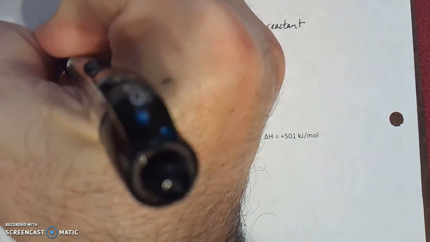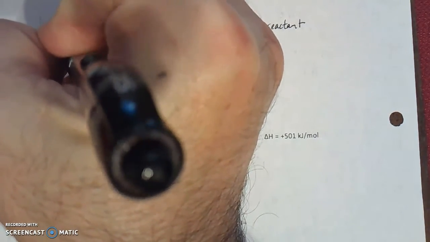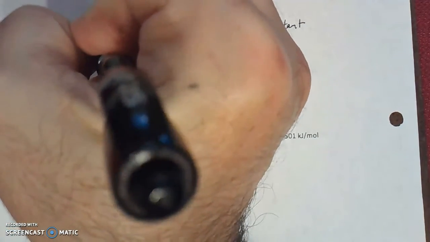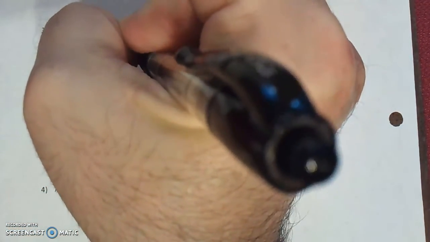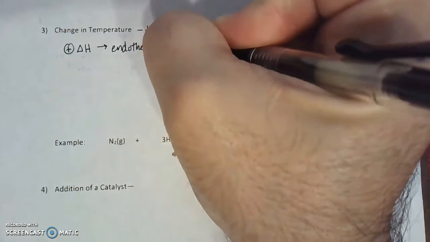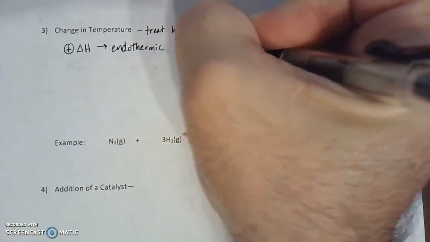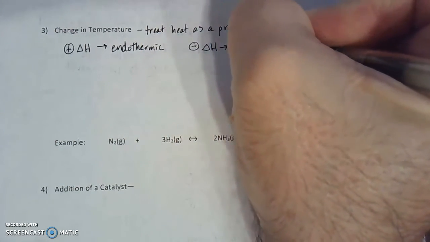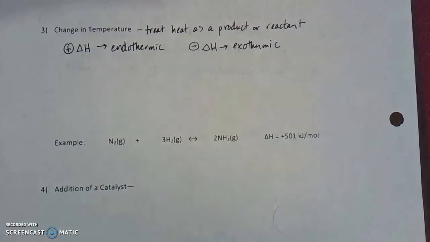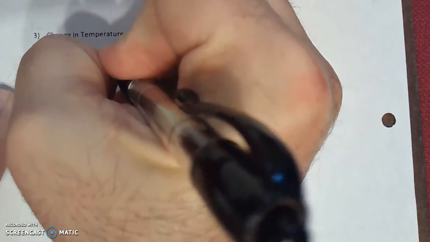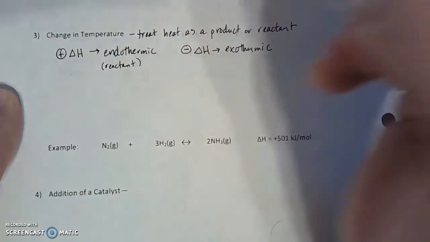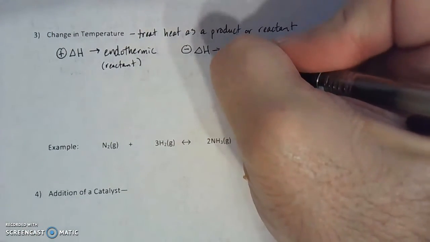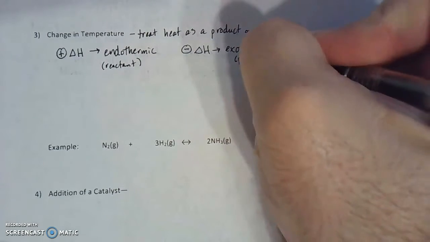If you recall, a positive delta H is endothermic, and a negative delta H is exothermic. If heat in kilojoules or joules is put into an equation, endothermic, it's going to be a reactant. Exothermic means heat is given off, so this is treated as a product.